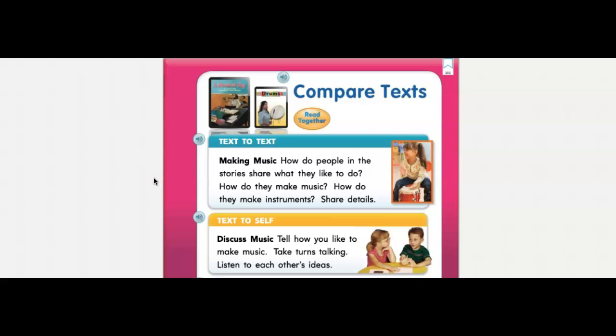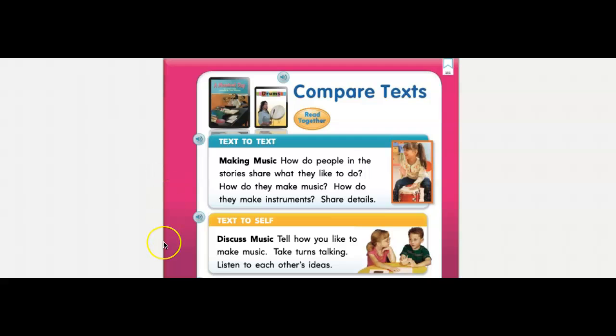How do they make instruments? So we will be talking about this during our morning meeting this week. We will be thinking about how our characters in our stories shared what they like to do and how they make music. We can also talk about how they were able to make these instruments.